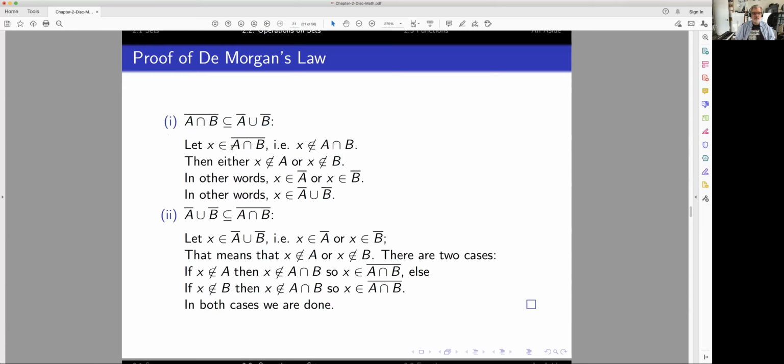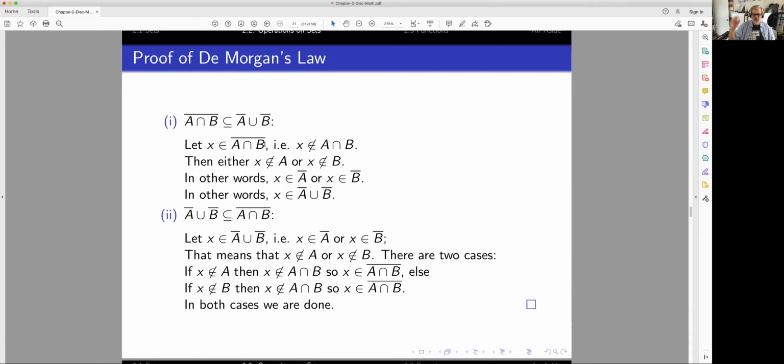So I choose an x, whatever. I take some x in the complement of the intersection, and I want to show that it's in the union of the complements. Now I analyze what it means for x to be in the complement of A intersect B. It means it is not in A intersect B. We don't need to mention the universal set here.